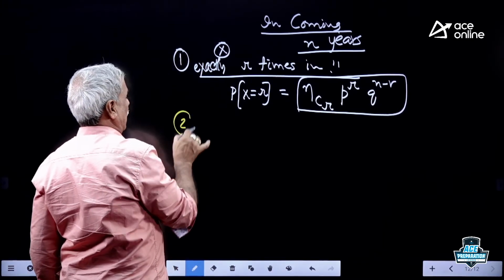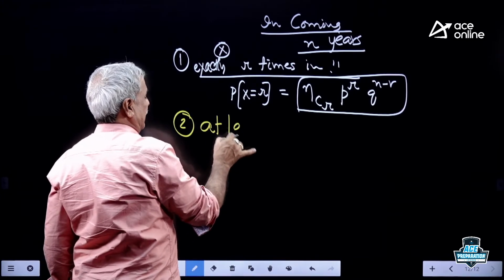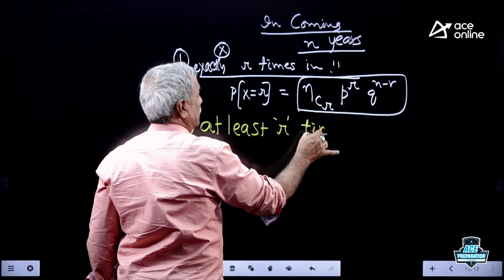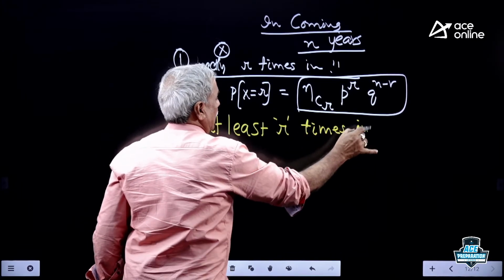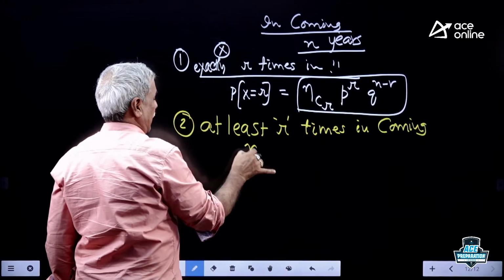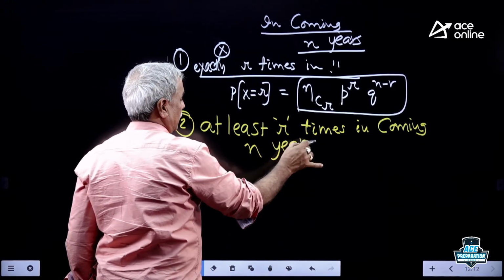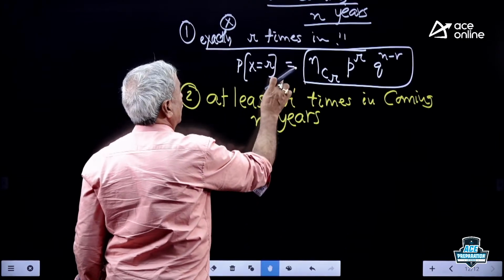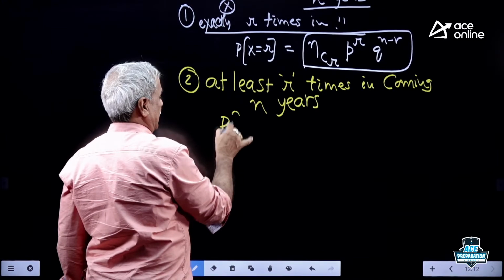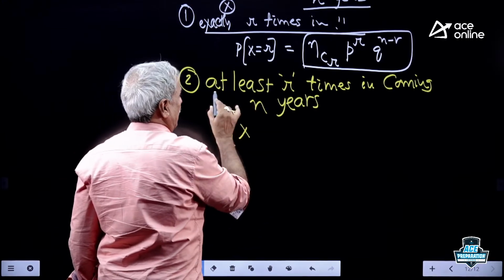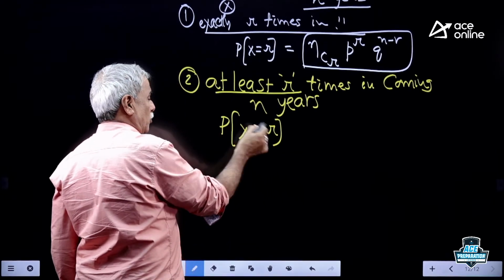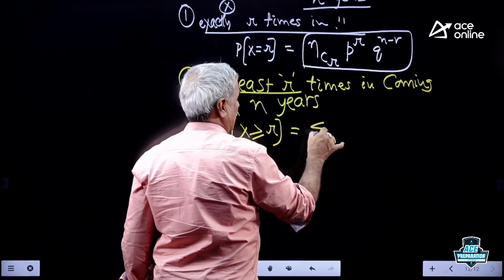Second useful formula: at least R times in the coming n years. Dear friends, very easily we can get this. I want at least R times, equal to R or more than R number of years.